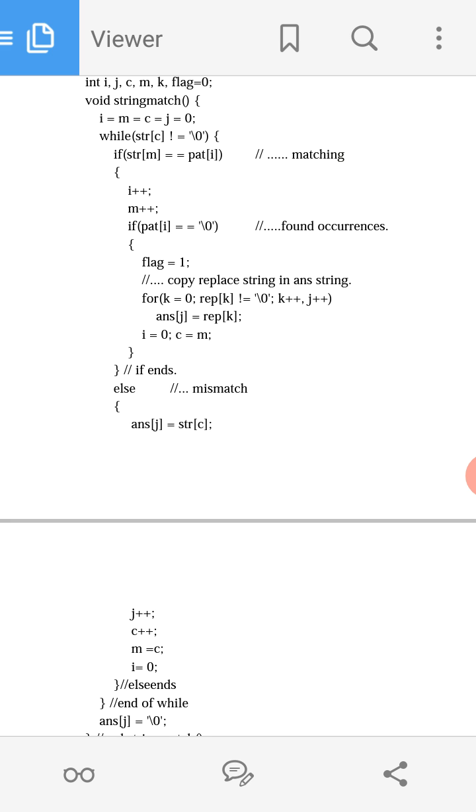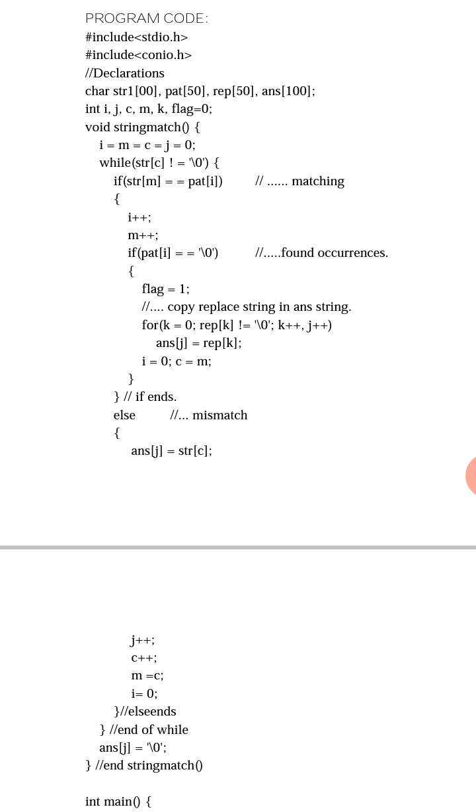If the pattern is present one more time in your main string, again the same procedure, replacing the pattern, will take place, and the process will continue until you traverse your main string. Once your main string reaches the null character, that is the indication that you have searched the entire string.